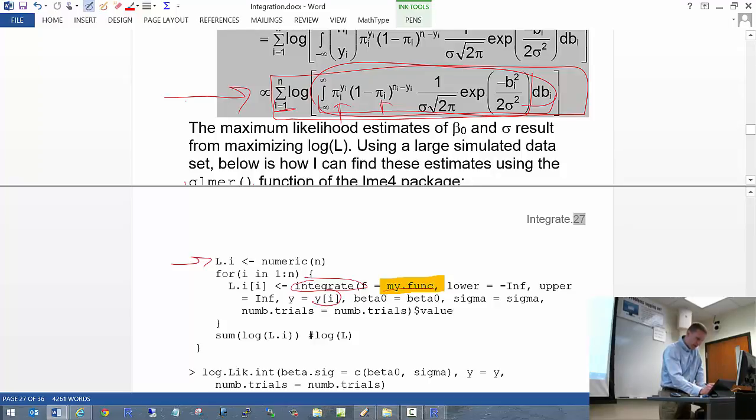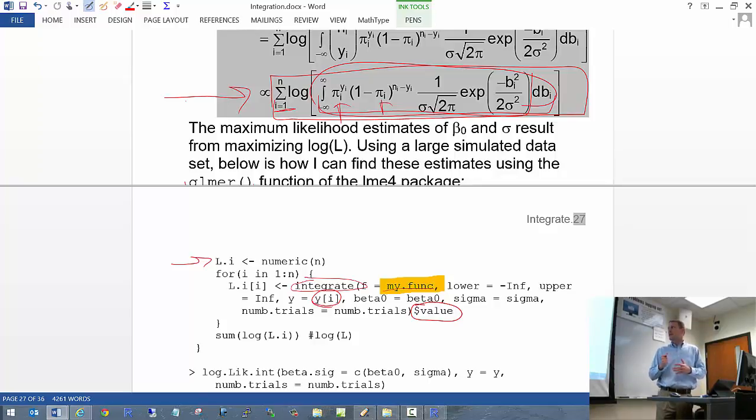Notice I just need to pass in the ith data value. And then immediately I'm going to take out the value from integrate. Remember when we looked at the components of what integrate returns? It's a list where the value component contains the integral value, so I'm just immediately going to pull that out.